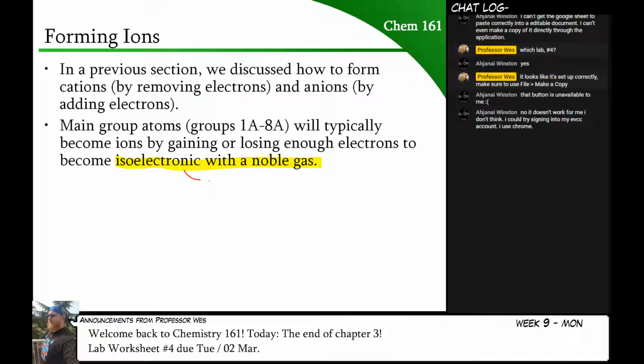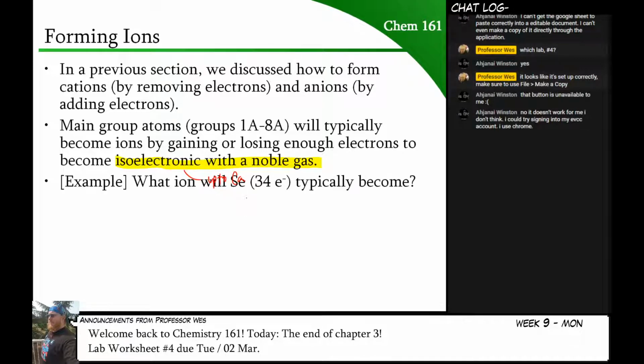This is particularly only true for elements up to calcium, in other words, right before you start hitting the d electrons. We're going to give a more thorough definition in a little bit. But for now, we can make a prediction for most ions using that.